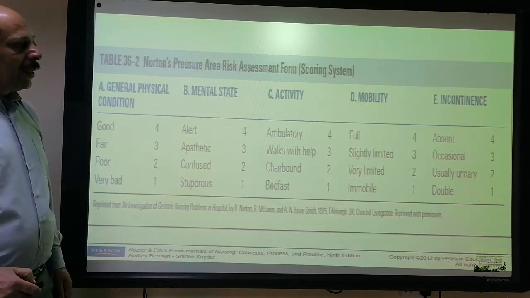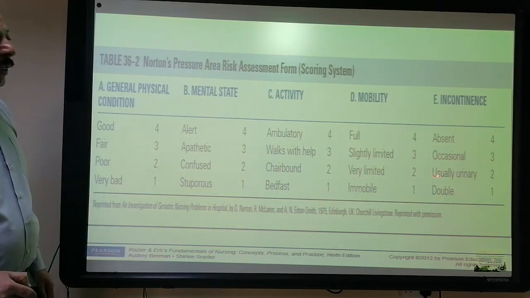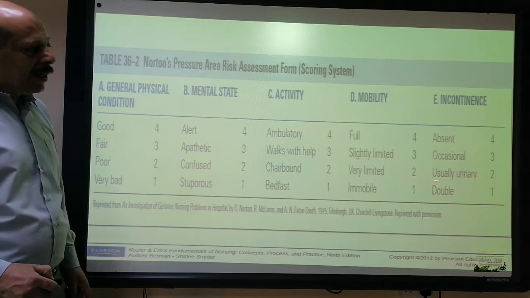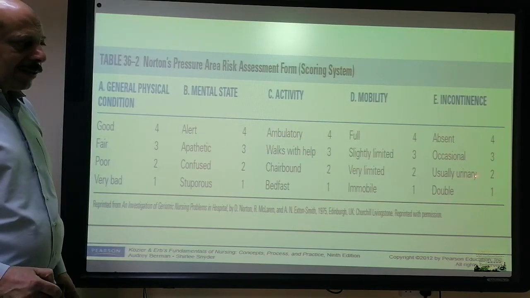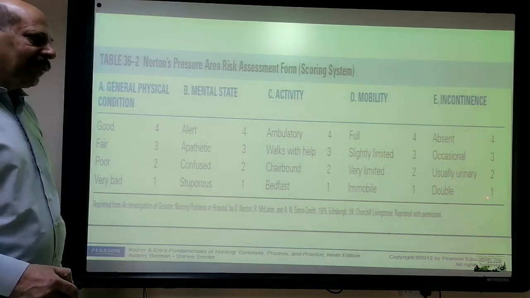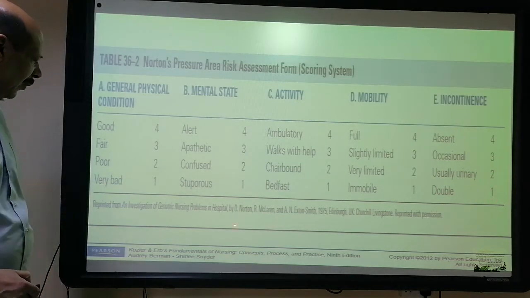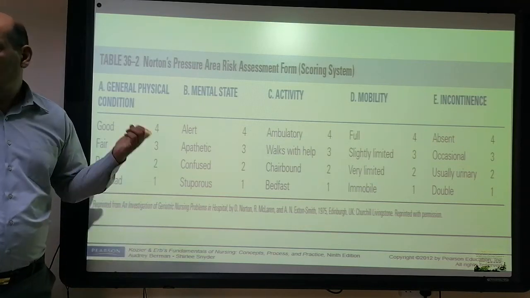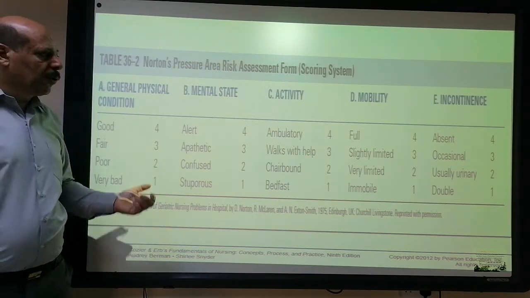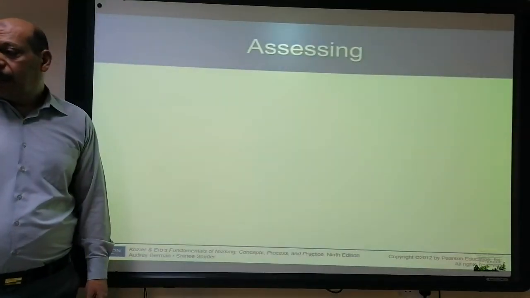If usually urinary, or every day, he will get 2. If it is double, urinary and fecal, in this case he will get 1. So by that we can assess if the client is prone to bed sore or not.